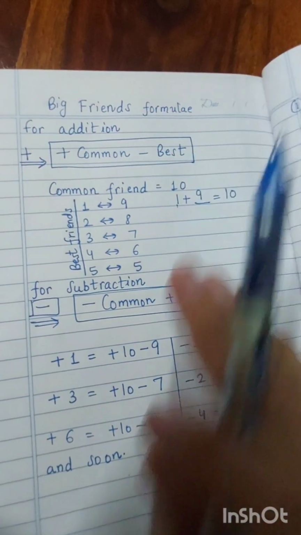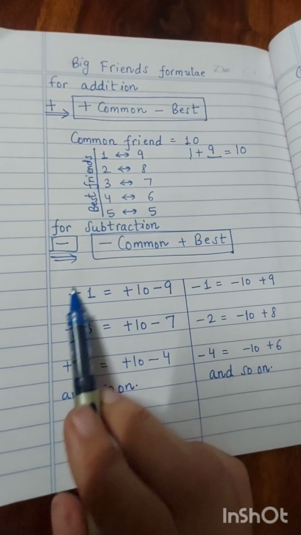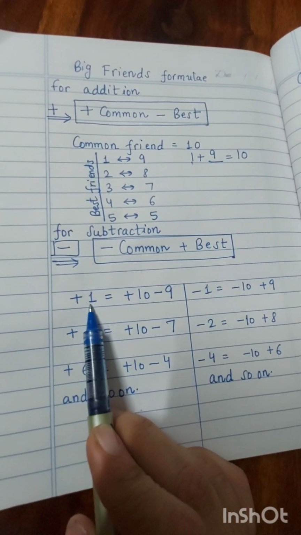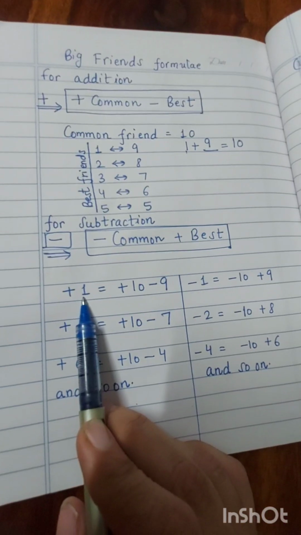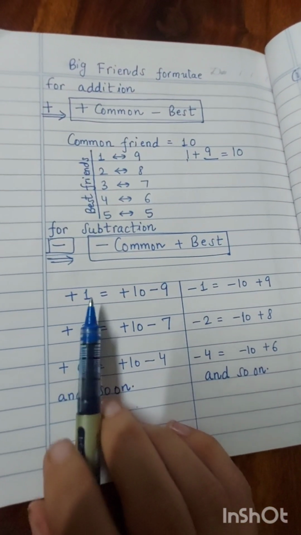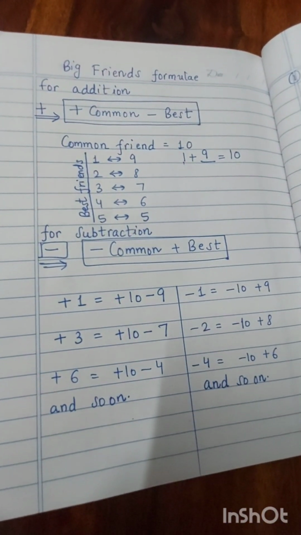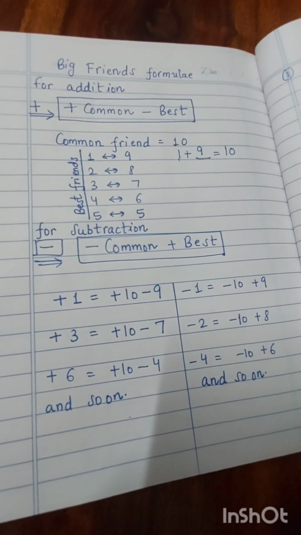So what does it mean? See here, whenever we have to add 1 and we don't have any bead to add, what will we do? First we will look out for the small friends.